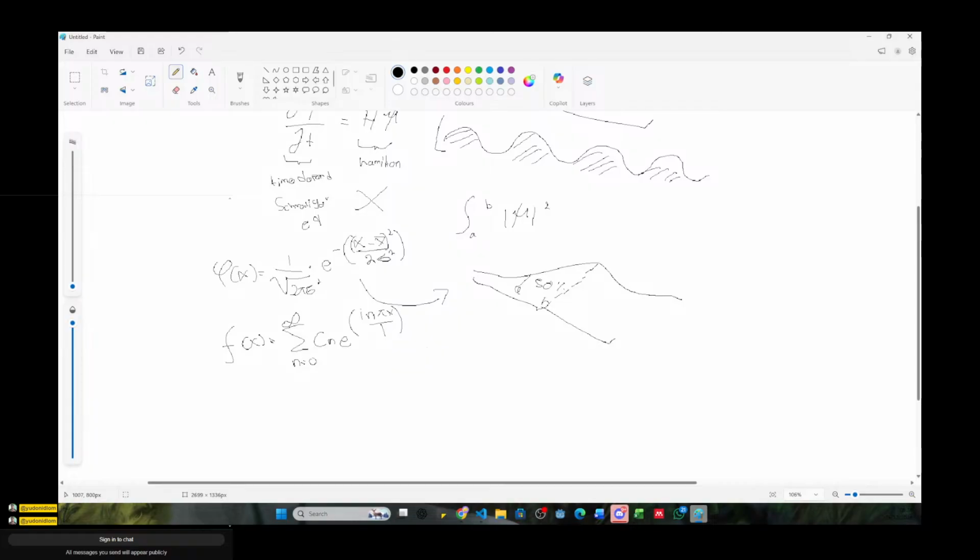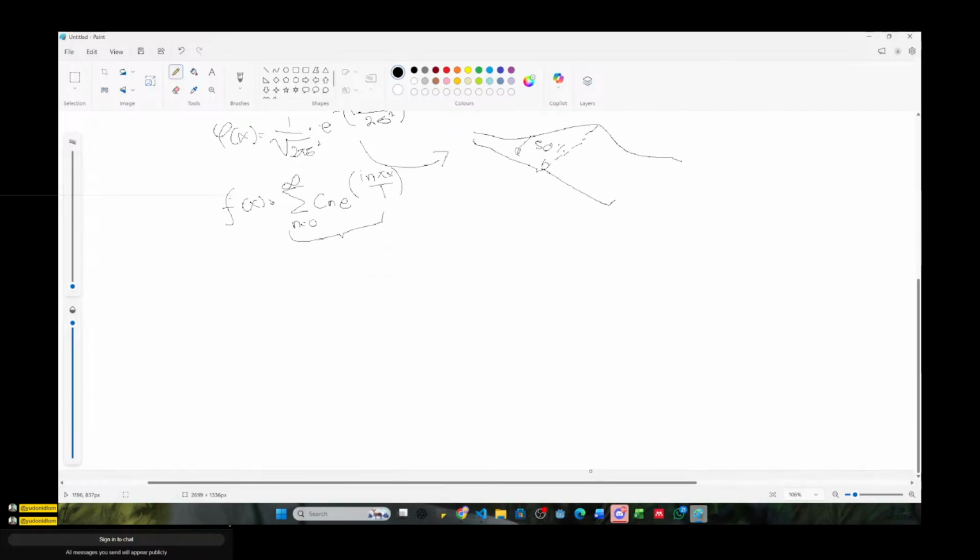So next we're going to combine this with this. In physics, we need the energy. In quantum physics, the particle has energy to move.